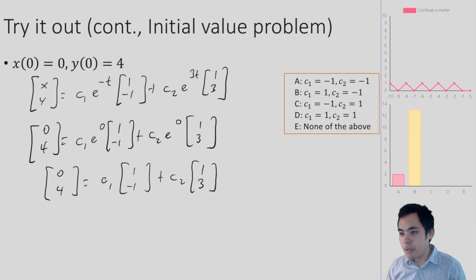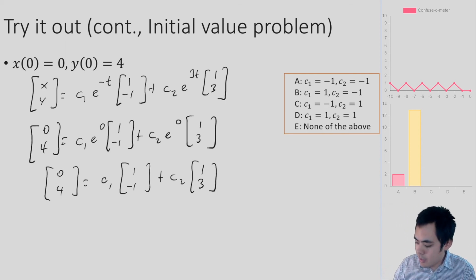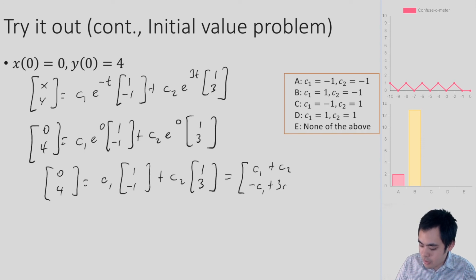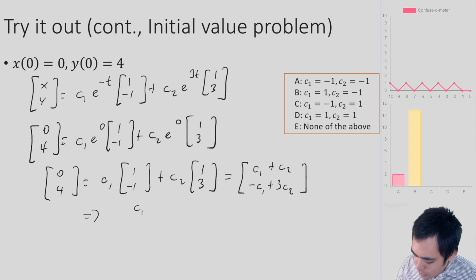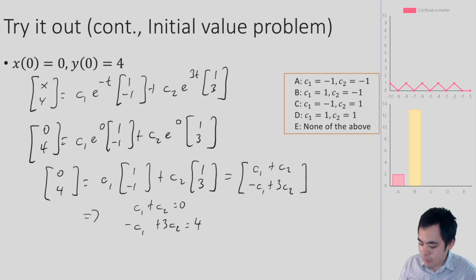Okay, well, a lot of you are guessing B. So let's continue working this out. So this is c1 plus c2, minus c1 plus 3c2. And so therefore we know that c1 plus c2 is equal to 0, and minus c1 plus 3c2 is equal to 4.